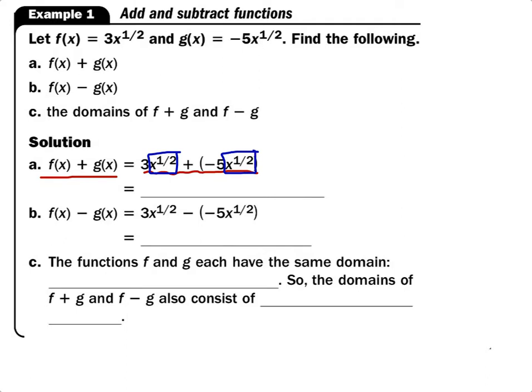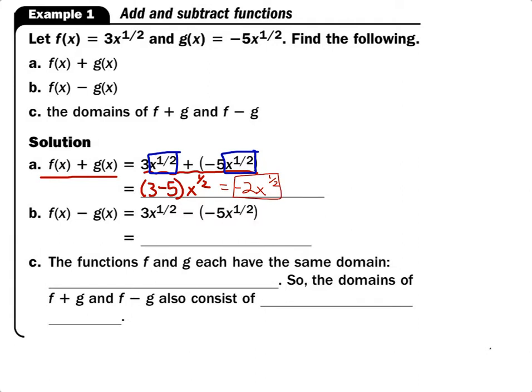And so really, even if you want to make this look long, you're stuck writing 3 minus 5 times x to the 1/2. And that really makes simply -2 times x to the 1/2. And that's your answer. Boom.